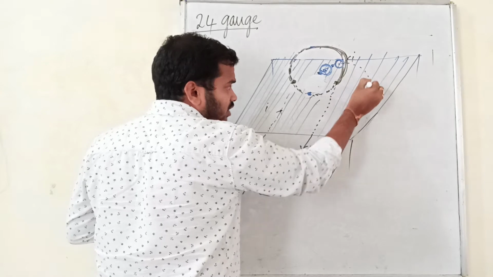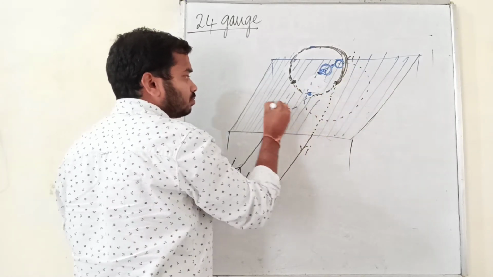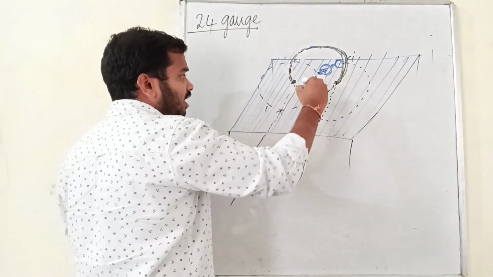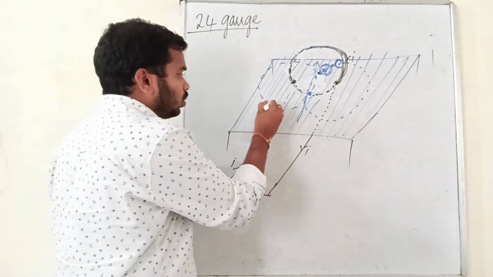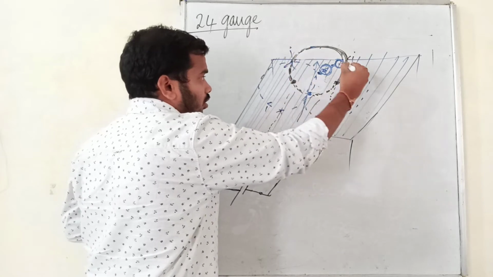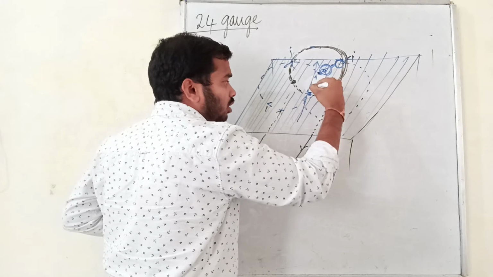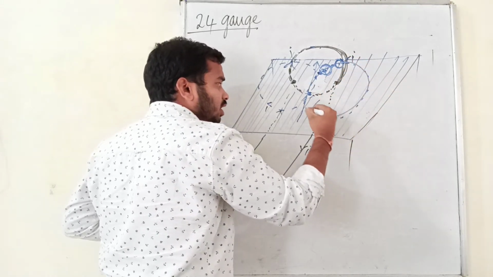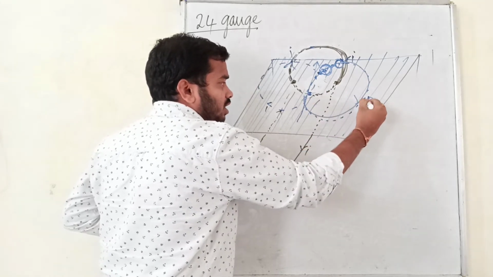It starts making a circular loop around this, making its own directions. On joining the dots made by the compass, you can see the direction of the magnetic field.